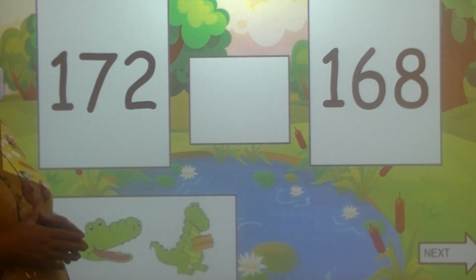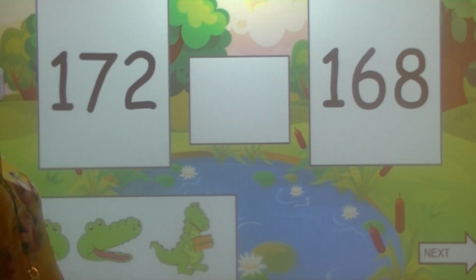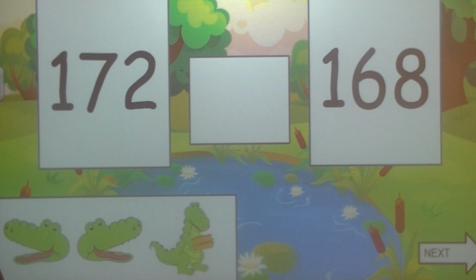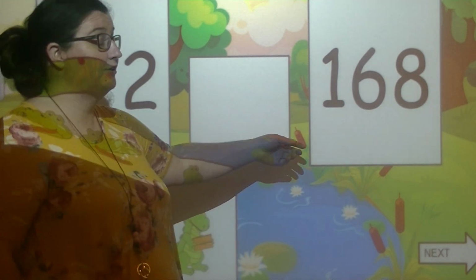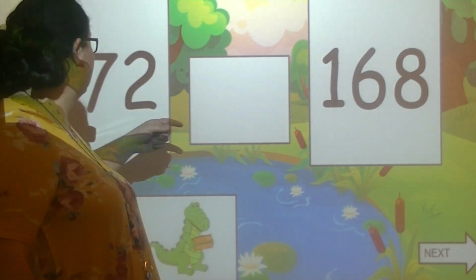The first place we look is the greatest place value. What is the greatest place value? It's the hundreds place this time. So let's look in the hundreds place. What digit? It is a 1. What about in 168? What's in the hundreds place? A 1. They're both the same.